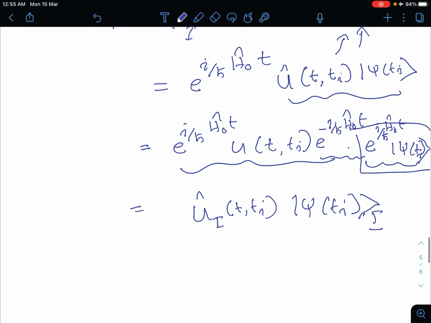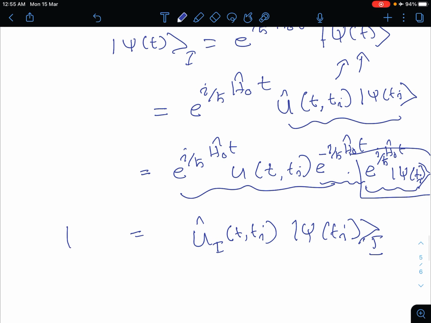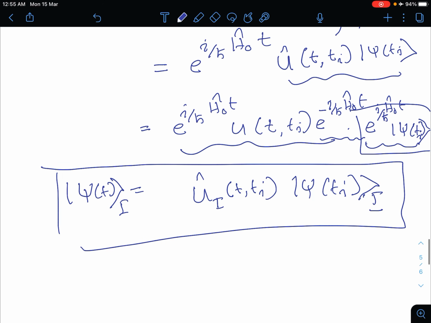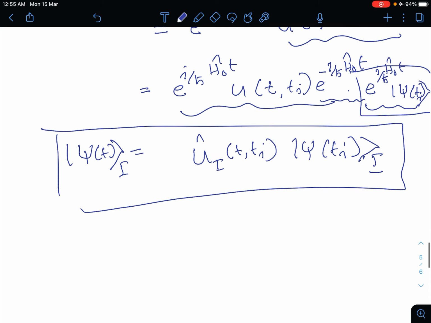So I can now write psi of t in the interaction picture is equal to UI of t, ti acting on psi of ti in the interaction picture. So we got the time evolution operator working on the interaction picture wave function or states.